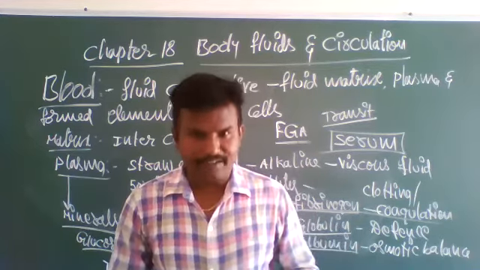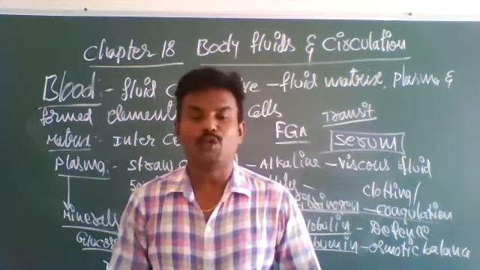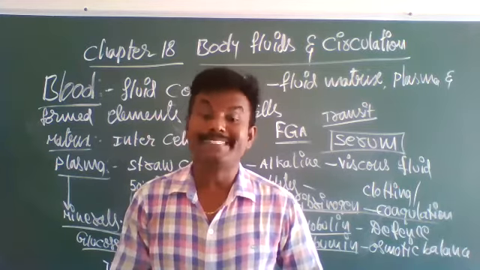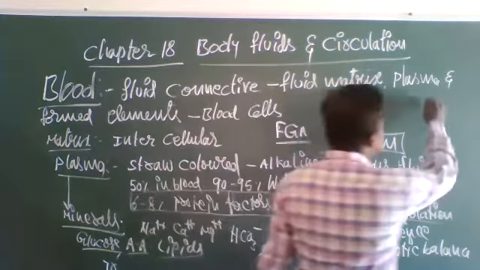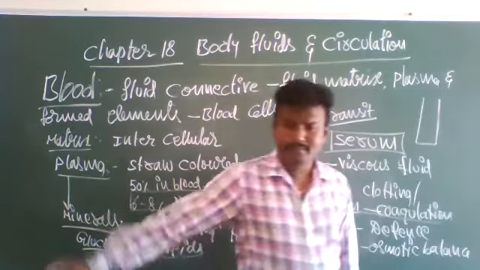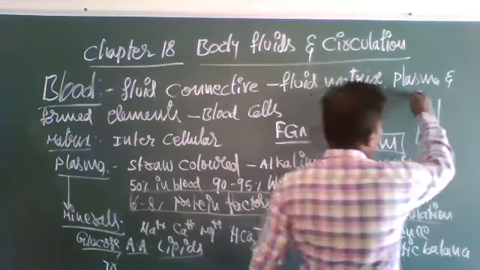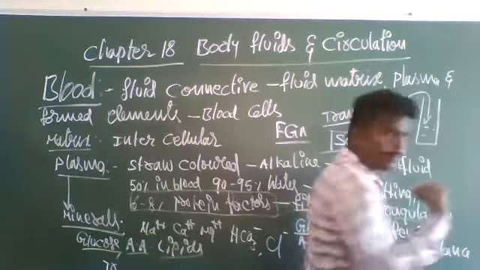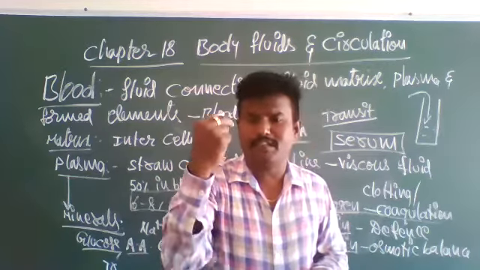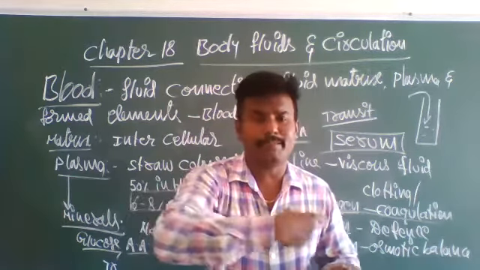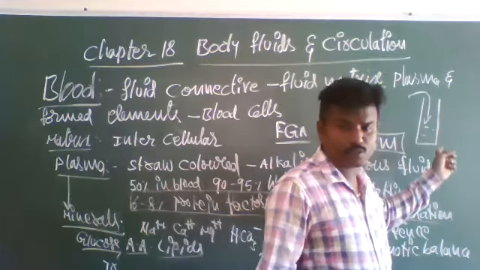Before taking blood, they will add sodium oxalate or sodium citrate to prevent the clotting of blood in the test tube. So this is the test tube. When we give blood, they take the blood we have given and keep it in the test tube.